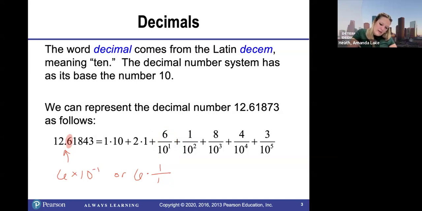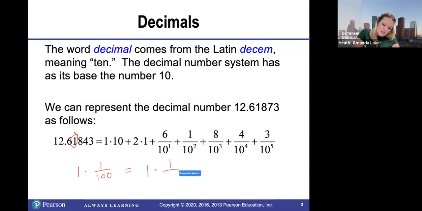Then we keep going. The 1 here shows us our hundredths place, so that's 1 hundredth, which is the same thing as 1 times 10 to the negative 2, which is where we get this 1 over 10 squared.